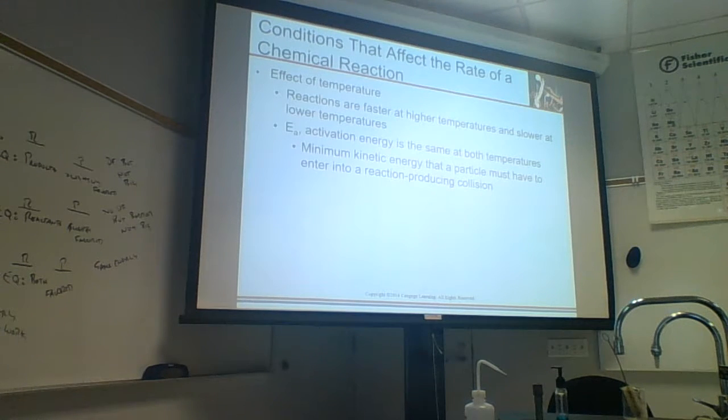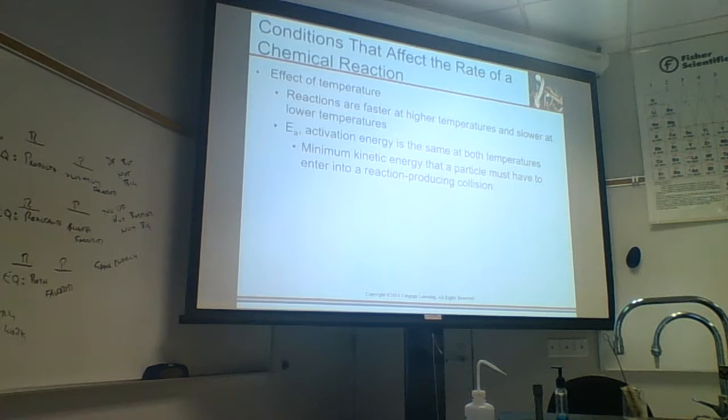Room temperature might look like this, or if I go to higher temperatures, the lower energy population is going to decrease, and the higher energy population is going to increase. So this is a temperature greater than room temperature, so T is greater than RT. If I cool it down, then I'm going to increase the lower energy population and decrease the higher energy population. So this is at temperatures less than RT.